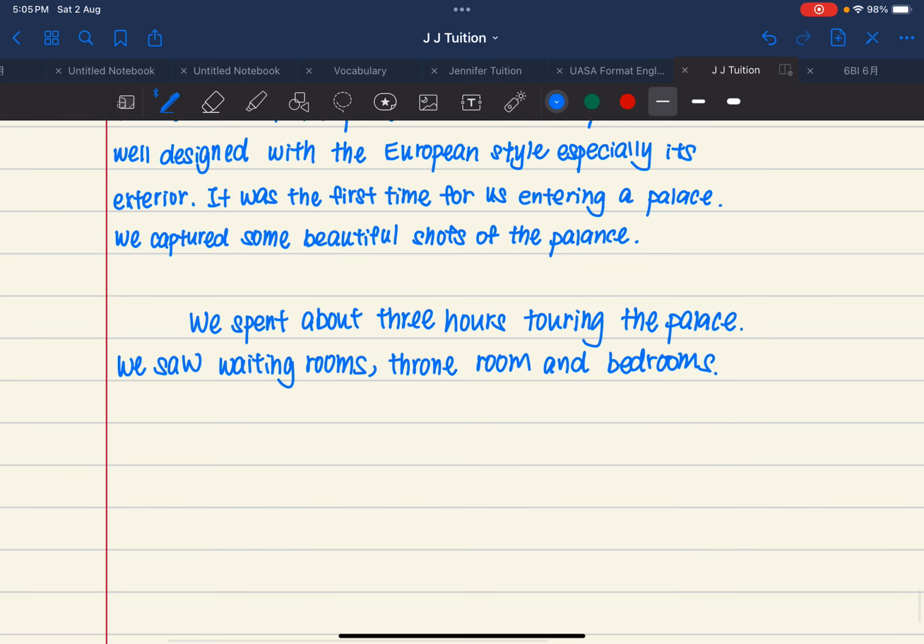Okay, last two sentences, we can write: there were also some decorative items on display.